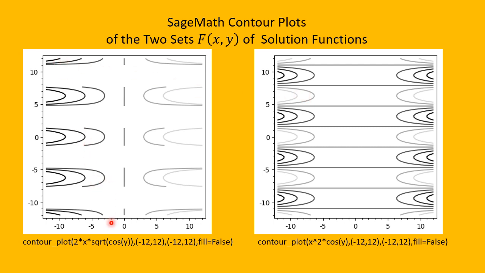And why would this happen? Well, remember that when cosine of y is negative, the square root of that is not defined as a real number. It would be an imaginary number. So we're missing some plots in here that do appear on this side. So what we're getting over here is a subset of all of the solutions to that differential equation.